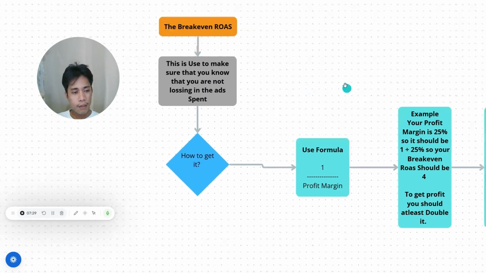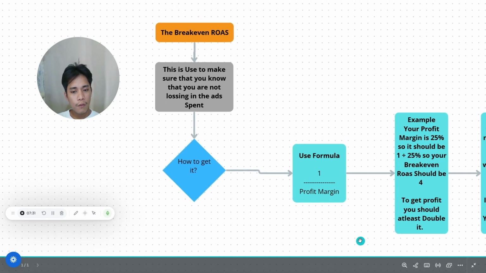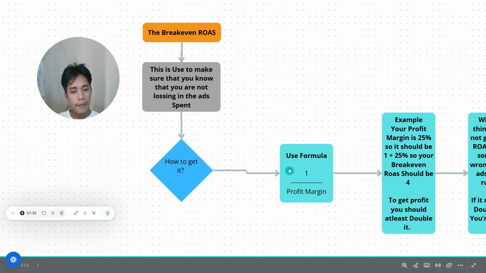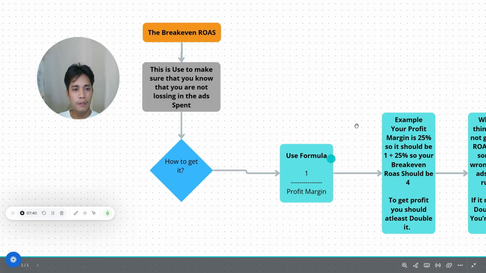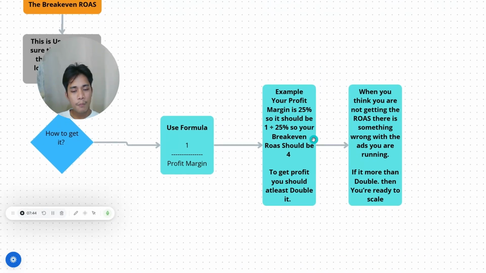How to get it? You can use this formula: one divided by the profit margin. For example, your profit margin is 25%. So it should be 1 divided by 25%, so your break even ROAS should be 4.